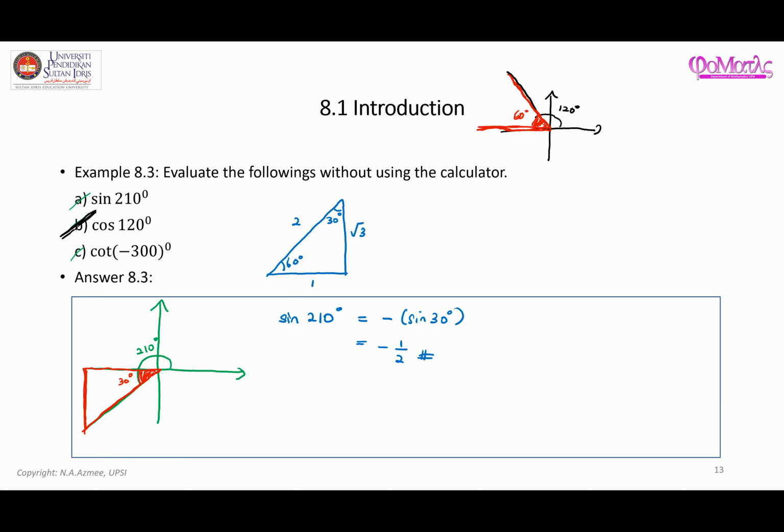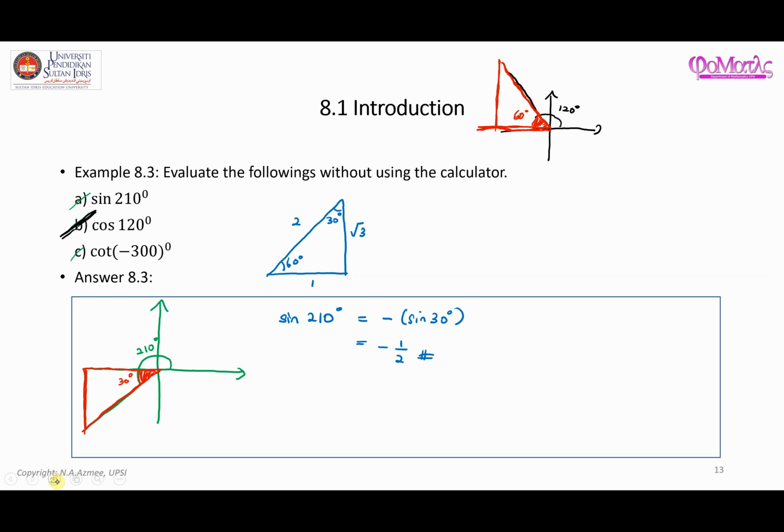So again, I need to find out the length of the opposite, adjacent, and hypotenuse, and I can use the special angle diagram that I have over here to determine them.